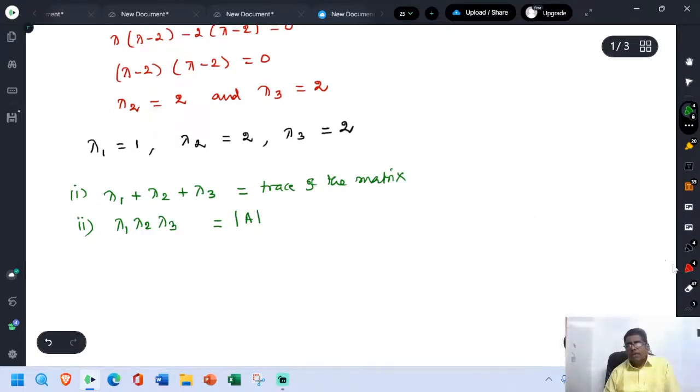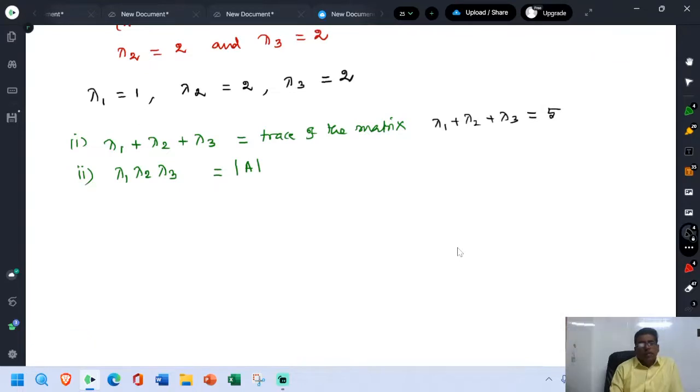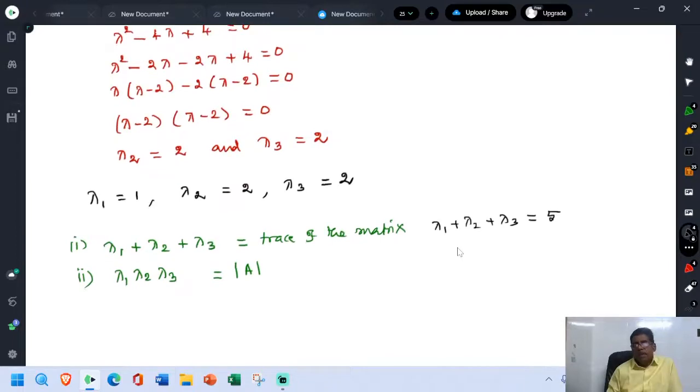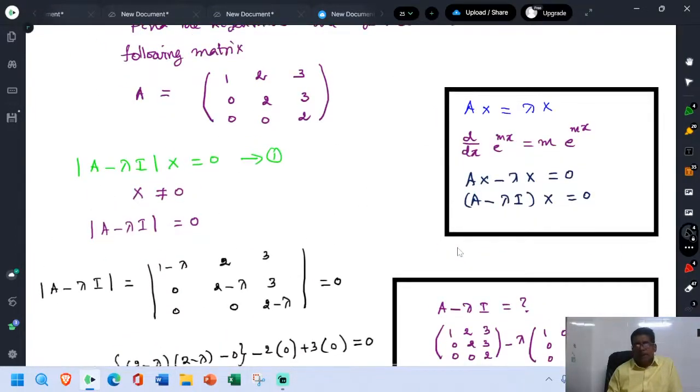Now we have to verify. Apply the first condition: lambda 1 plus lambda 2 plus lambda 3 is equal to 5. 1 plus 2 plus 2 is equal to 5. Then in the given matrix take the trace.